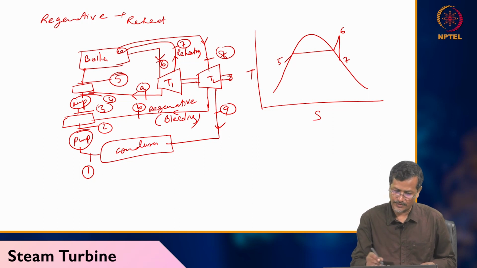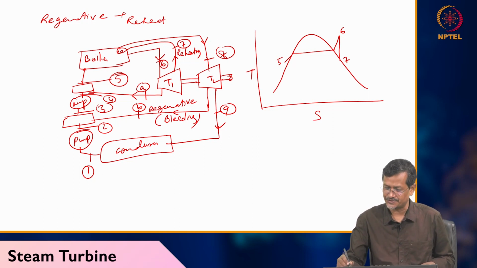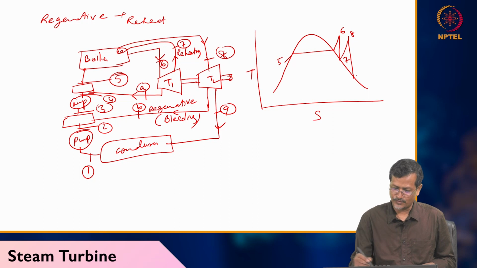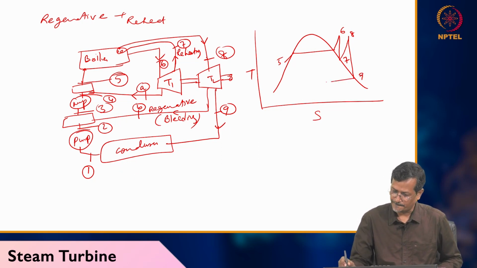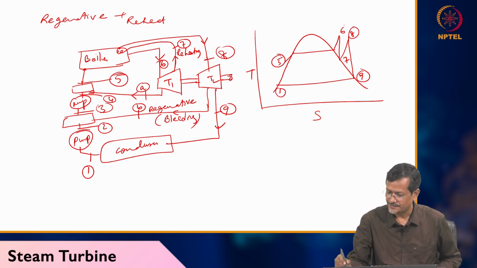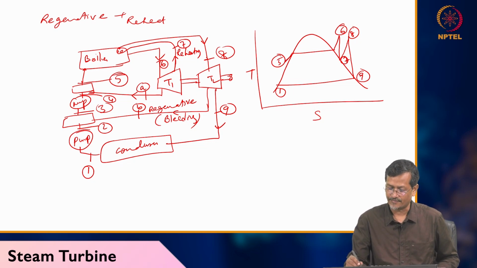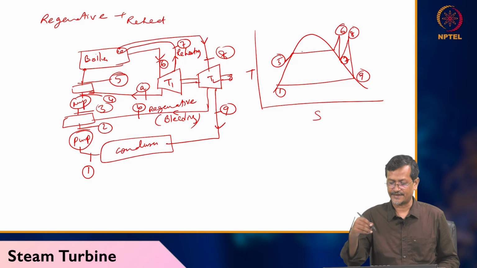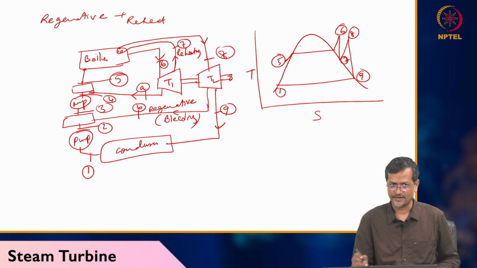Then 7 to 8, with temperature increasing again, then going down again, 8 to 9. After 9 it goes to 1. You see these points 5 to 6: after 5 the line crosses and touches the saturation line, so we will not put any number because it is only within the boiler.